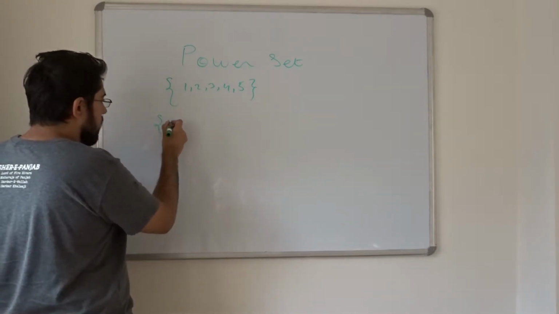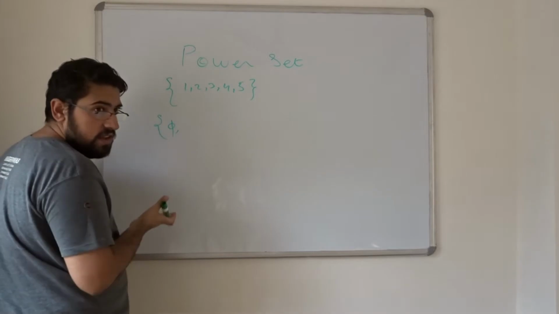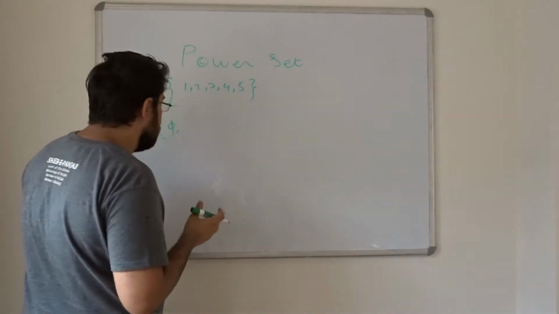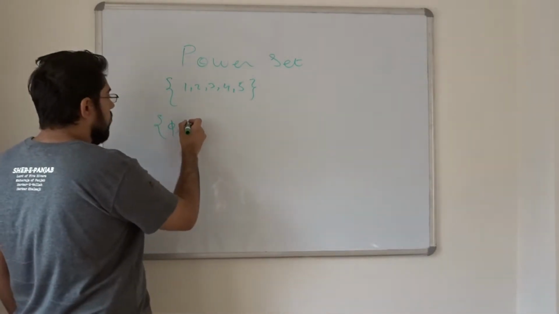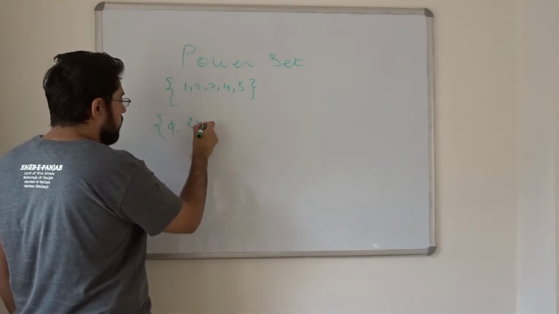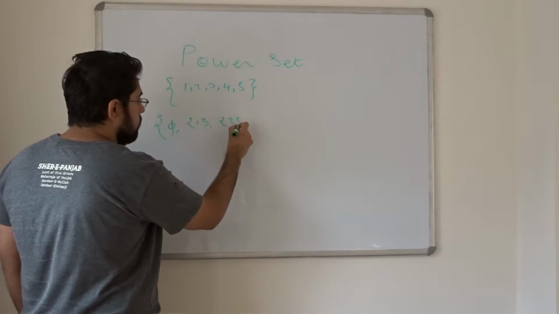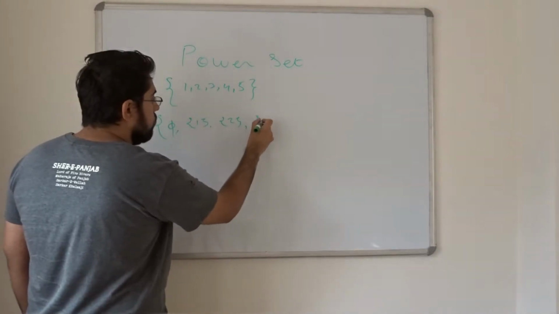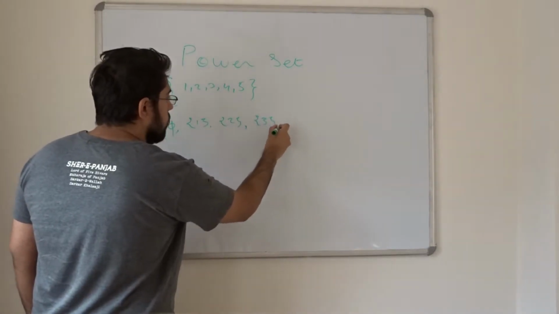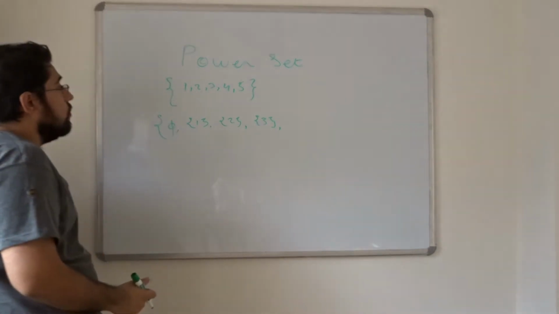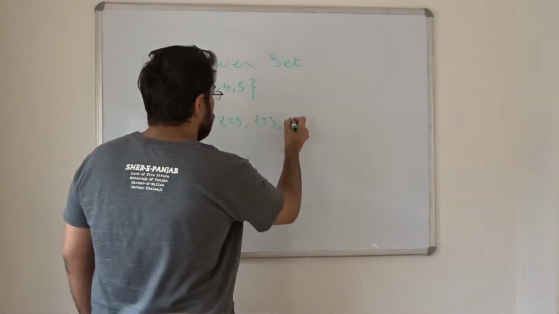So you first have a null set or a void set, okay? And then you have 1, and then you have 2, and then you have 3, okay? And then now, this is how you do it, okay?